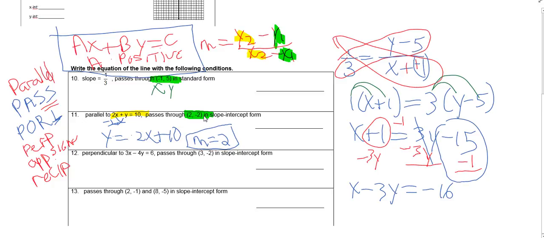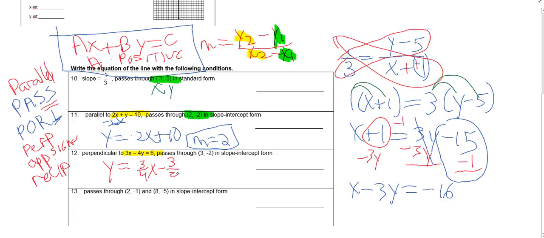Number 12, we're going to set the original equation, 3x minus 4y equals 6. We're going to solve it for y, and then we're going to have a slope. So whatever your slope is, you're going to take the opposite reciprocal. So let me just cut to the chase here. You're going to have y equals positive 3/4 x minus 3/2.